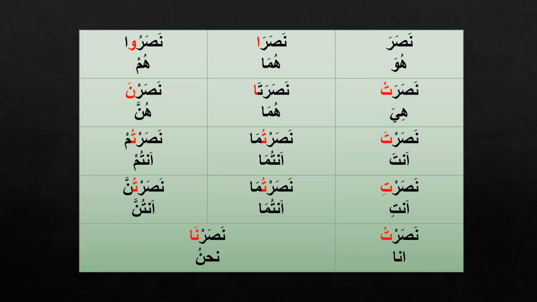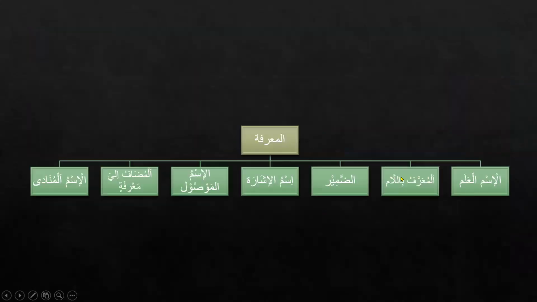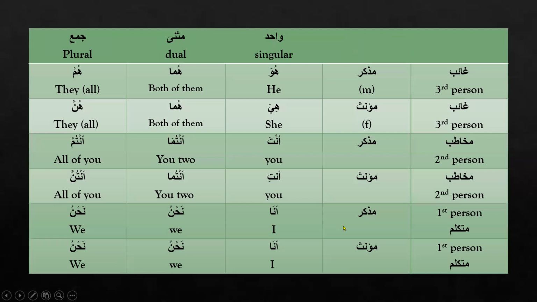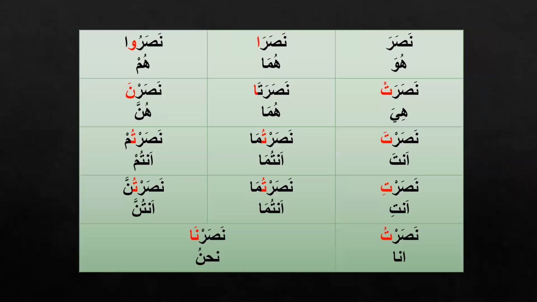You know what was the reason for mentioning the pronouns at the start? Because the pronouns are in the category of ism. They cannot be a harf, right? All the damair come under the category of marfu' ism, right? So remember this. Therefore, this ta is a harf.